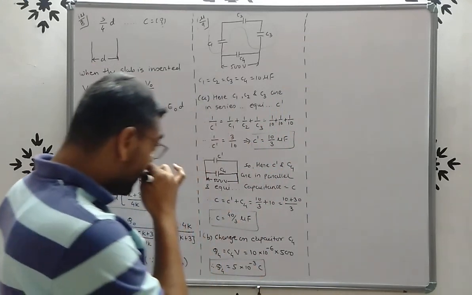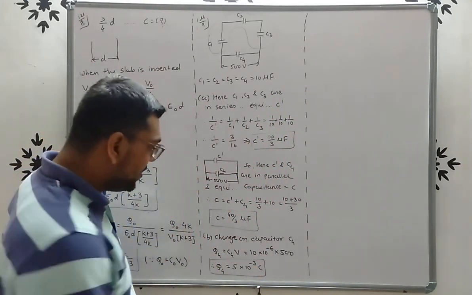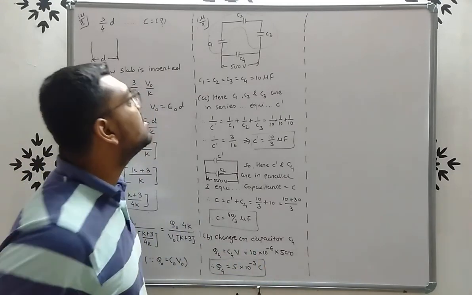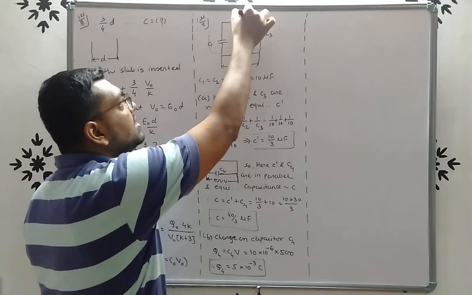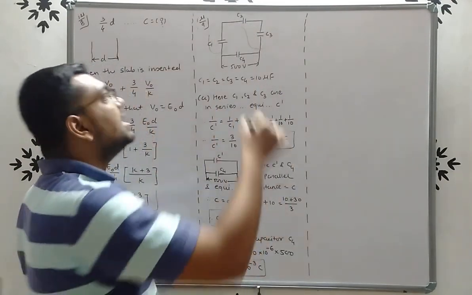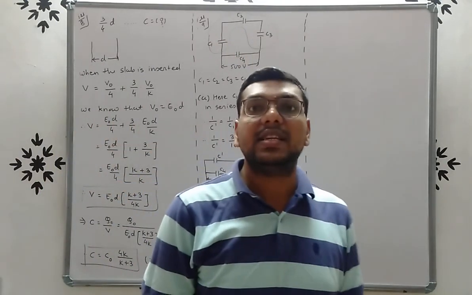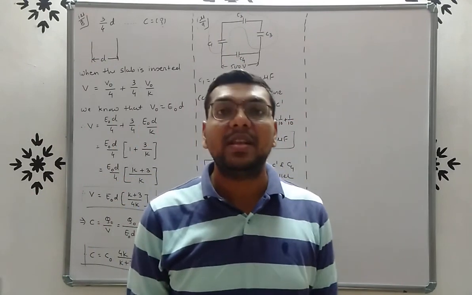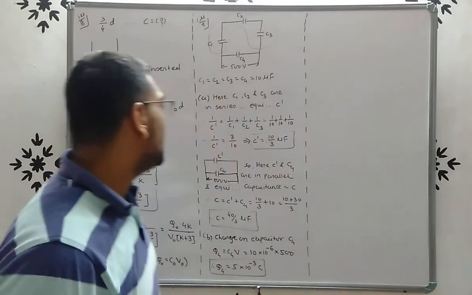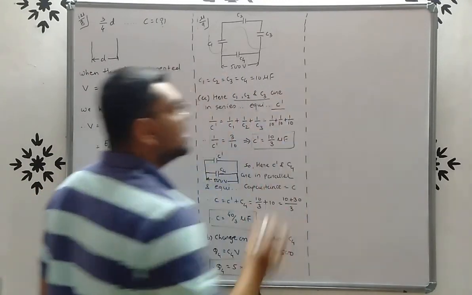Now we have to find out charge on each capacitor. So we know the value of charge on capacitor C4. So now we have to find out charge on capacitors C1, C2 and C3. Now see here friends, these capacitors C1, C2 and C3 are in series. So we already know that in series connection charge remains the same. But the equivalent capacitance of C1, C2 and C3 is C dash.